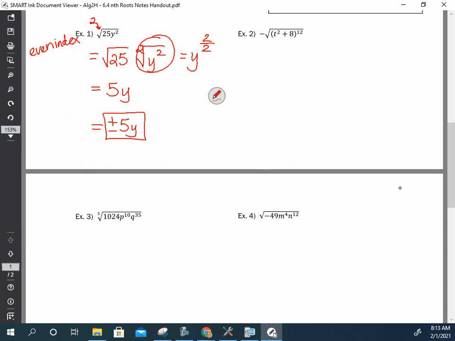Yep, if there's no number there, it is understood to be a 2. There's no number for the index, it is understood to be a square root. So, excellent question. Any other questions before we move on?